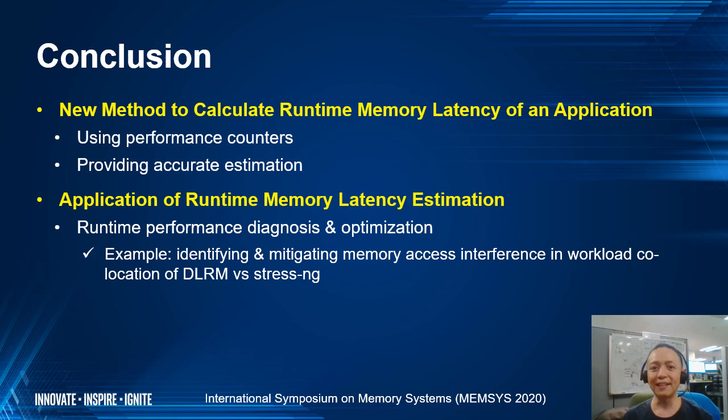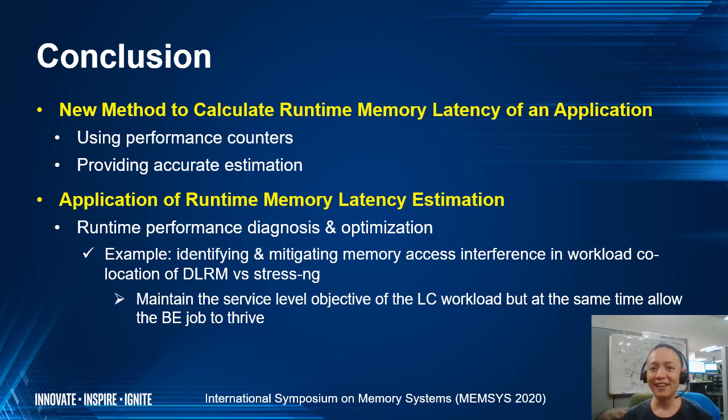We demonstrate an example of identifying and mitigating memory access interference in workload collocation of DLRM versus stress-ng. It shows that the solution based on the estimation is able to sustain the service level objective of the latency critical workload, but at the same time allow the best effort job to thrive.